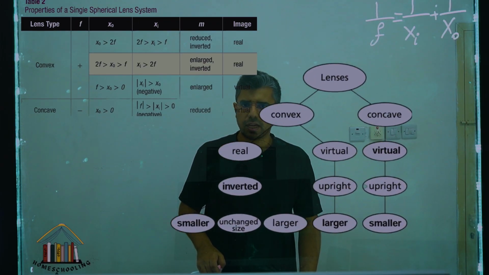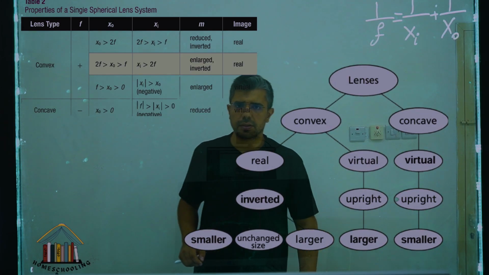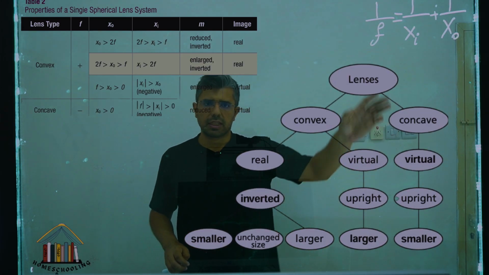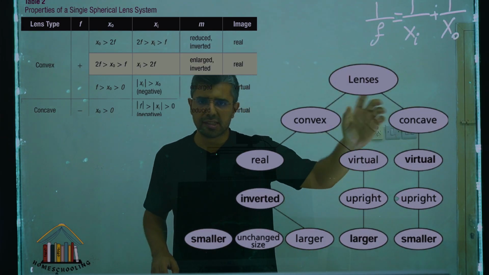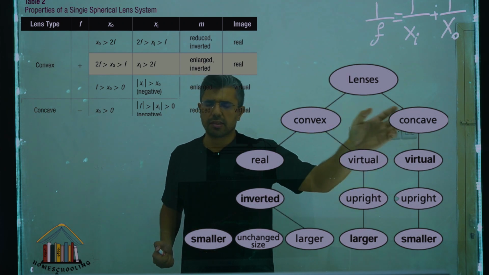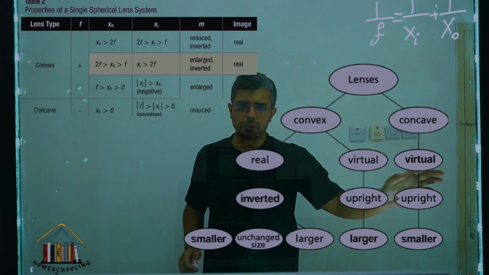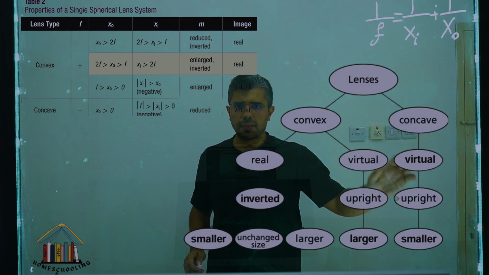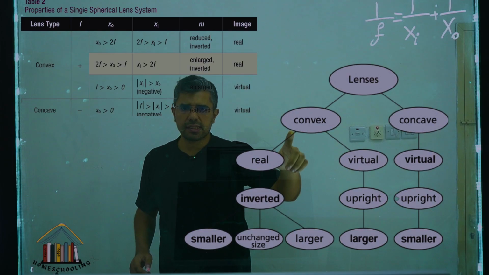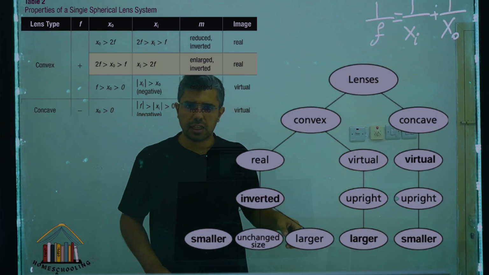It's also summarized using this tree. We use this tree as well to summarize this table. So the lenses are two types, a mind map: concave or convex. In the case of concave, it always produces a virtual image, whereas in the case of convex, sometimes real and sometimes virtual image.